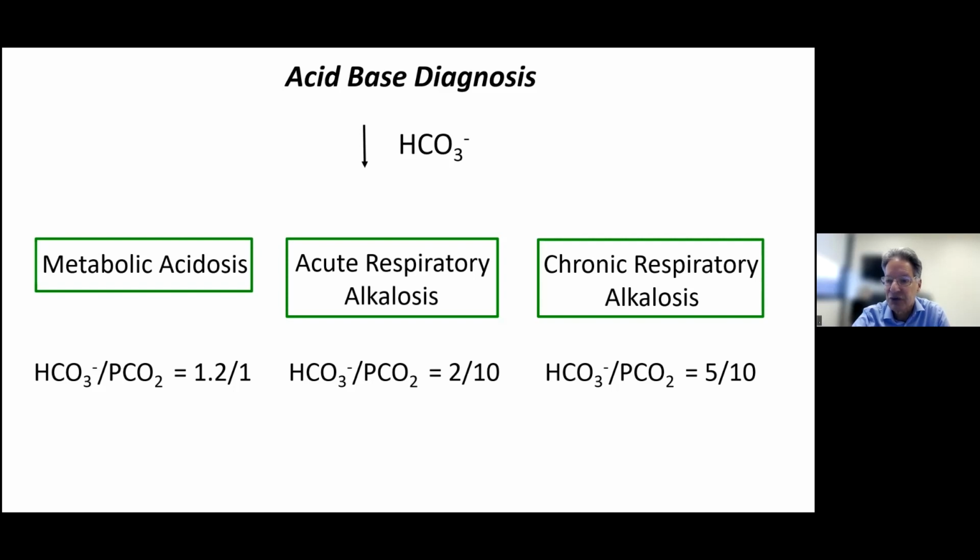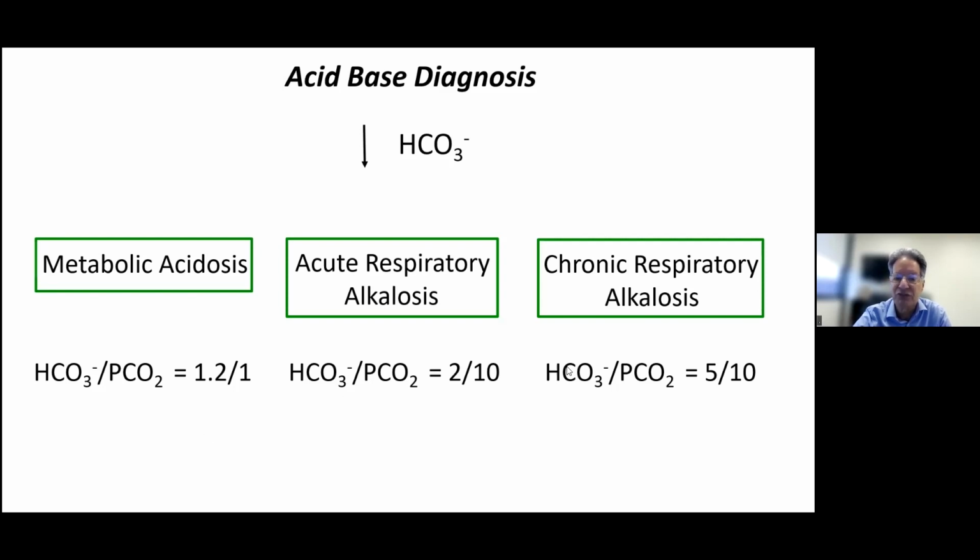And if it's 1 to 2 or 5 to 10, whatever ratio you want to use, but the bottom line is the PCO2 changed twice as much as the bicarbonate changed by. That's the concept. Then it cannot be a metabolic acidosis, and it cannot be acute respiratory alkalosis. It has to be a chronic respiratory alkalosis. So the thinking is look at the change from normality of each and decide which of the 3 it is.